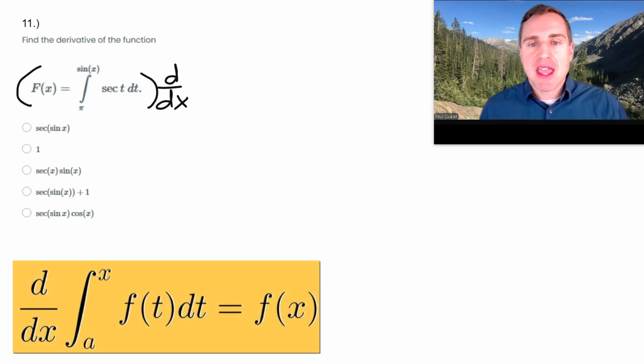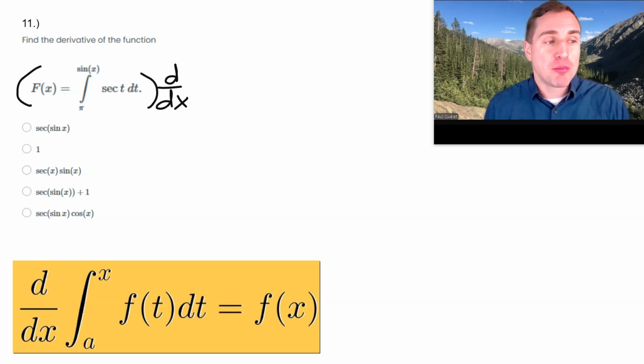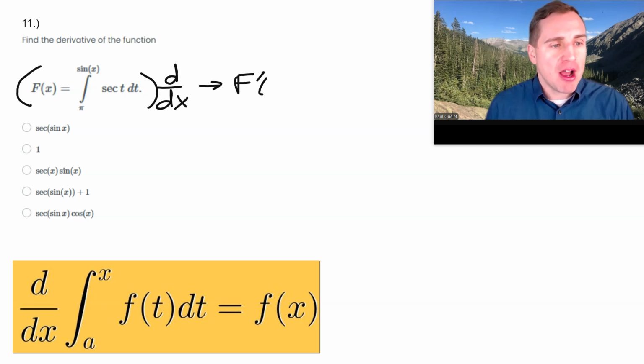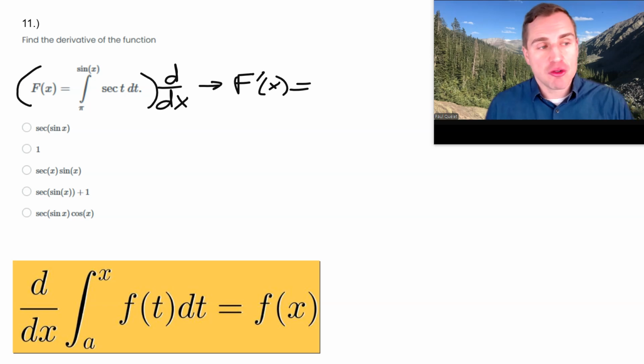Notice this is the same thing as the second fundamental theorem of calculus, where a derivative and an integral cancel each other out, but where we have to put in the limits. So we have capital F prime x equals, and notice the derivative and the integral go away, but we still need to use the fundamental theorem of calculus, upper minus lower.